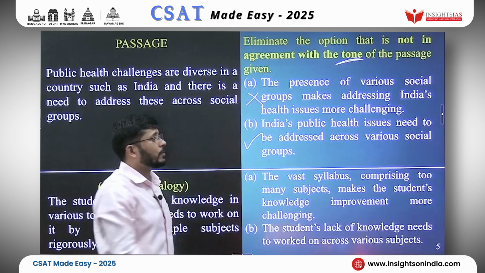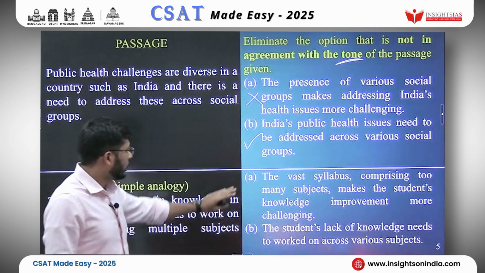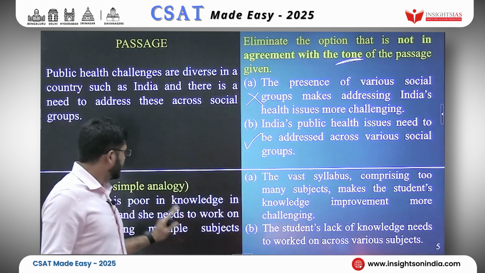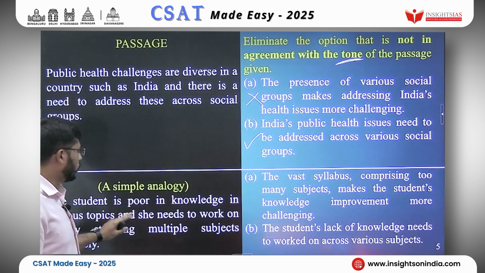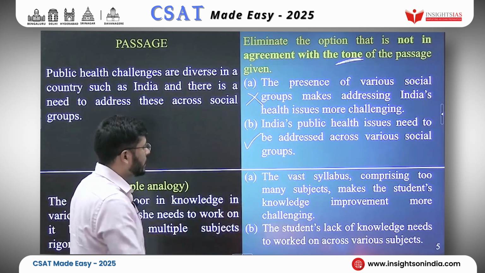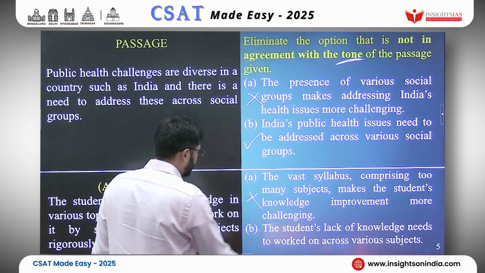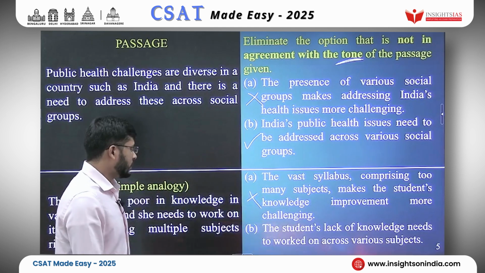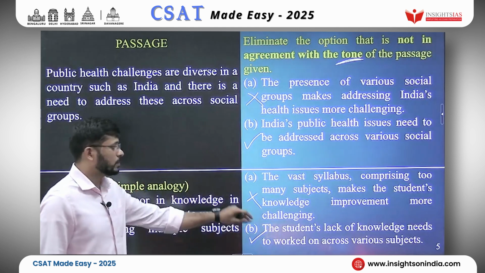This is not in agreement with the tone of the passage. I will tell you why after reading the analogy. Let's go to the analogy. Same analogy, student weak in knowledge, so she needs to work on multiple subjects. The vast syllabus comprising too many subjects makes the student's knowledge improvement more challenging. The student's lack of knowledge needs to be worked on across various subjects.